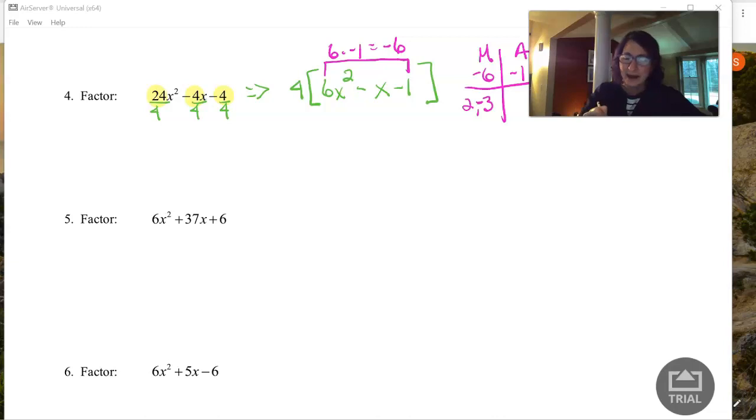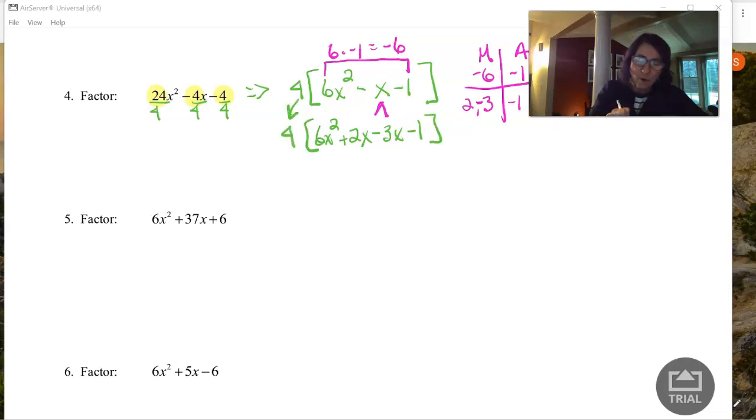And if I add them, I will also get -1. So I can use those to split my middle term. So I'm going to have here 6x squared plus 2x minus 3x minus 1. Now, I don't want to forget that 4 that I pulled out at the very beginning. So I'm just going to continue to carry it down each row. So now I can go ahead and use grouping.